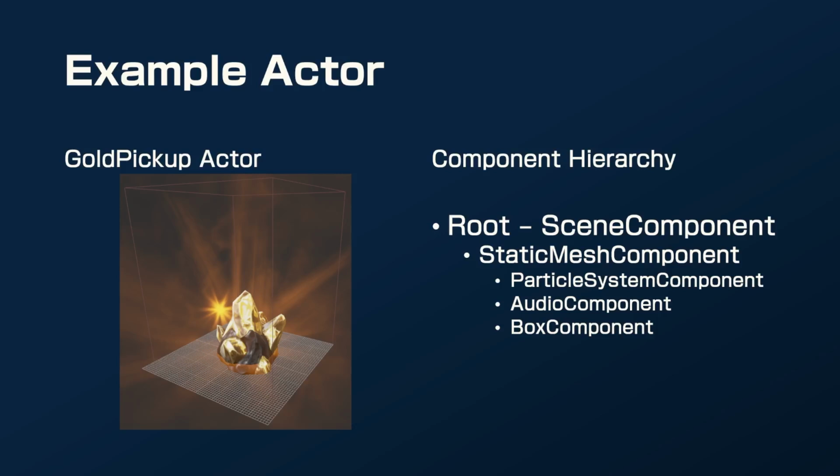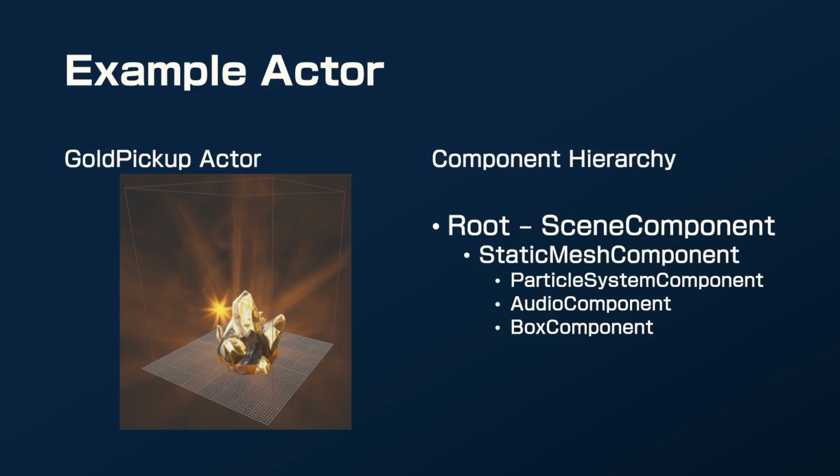So it's through these components that my actor is different from other actors. And that's how we can tell you that, yes, everything inside a level is an actor, but it will be the components that the actor is holding that will make it unique.